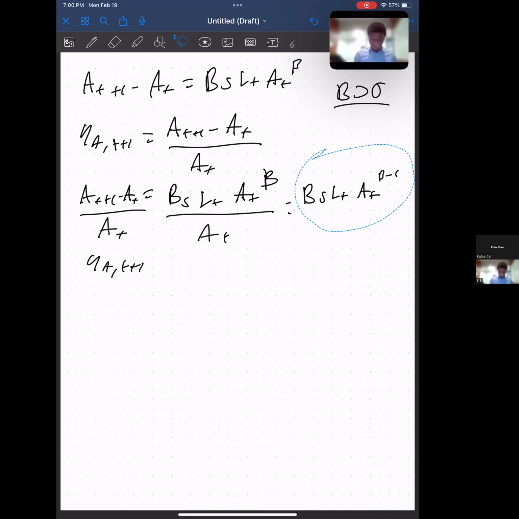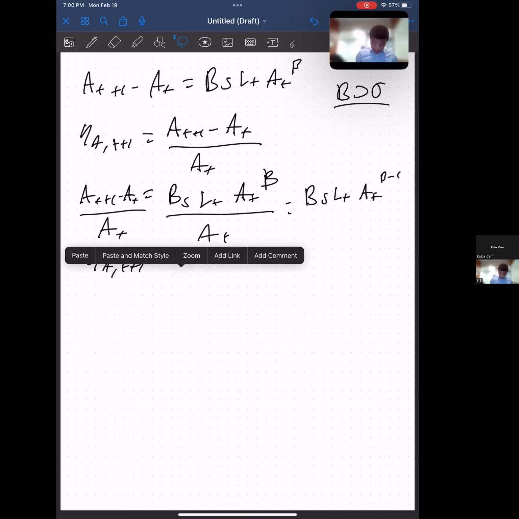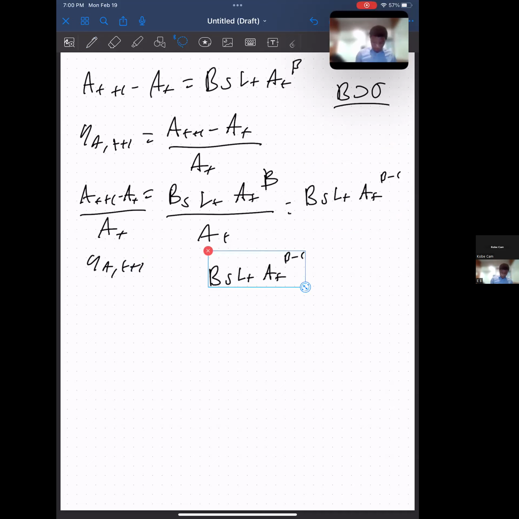We have a couple more steps to do. What we want to do is see if we can find a way to turn this piece into the growth rate at t. So how do we go about doing that?